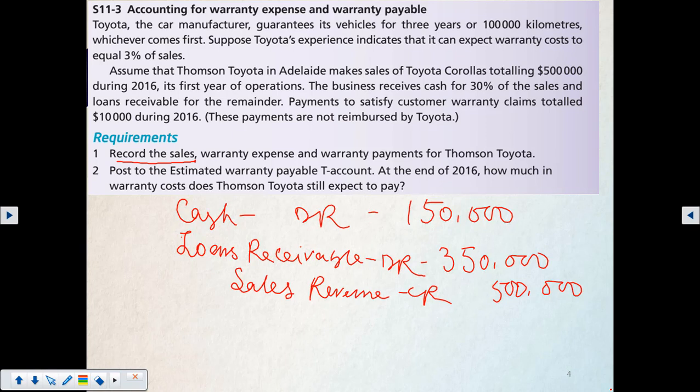Don't make a silly mistake. What is the amount? 15,000, right?